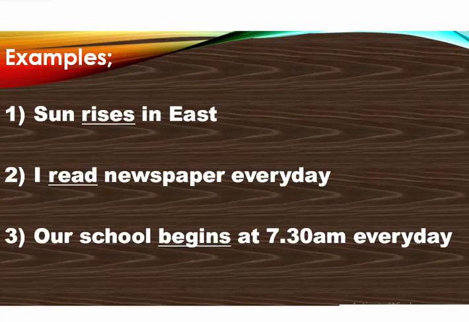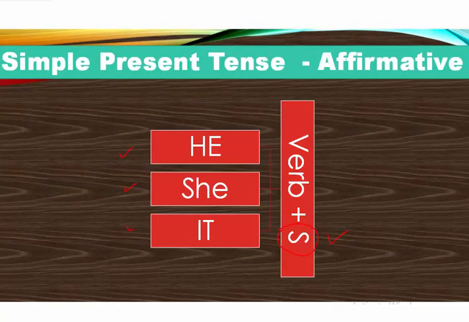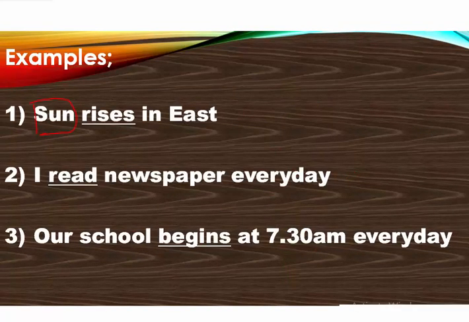The same example, because you can easily understand. Sun rises in east. Sun comes under it. So the verb joins with s. See here, rise is joined with s. Sun rises in east.